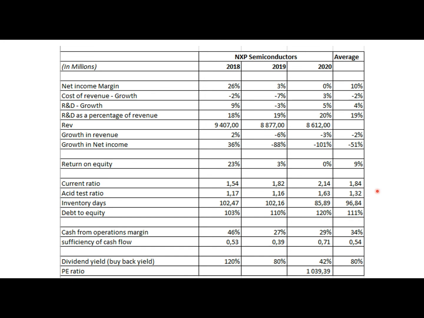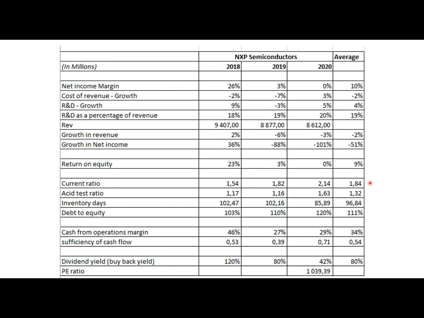So the current ratio's performance is underwhelming compared to the industry average. Industry average is about 2.37. NXP's current ratio is about 1.84, so very disappointing there. The ratio, however, has improved from 2018, 2019, and 2020. Okay, that's a good performance.